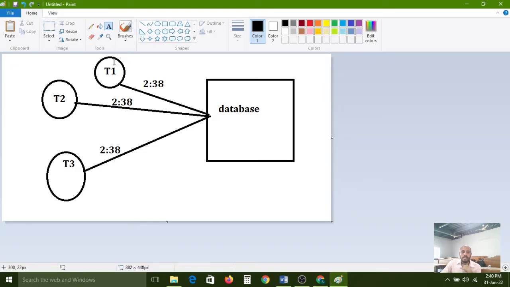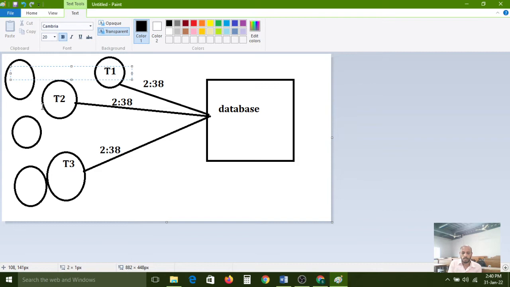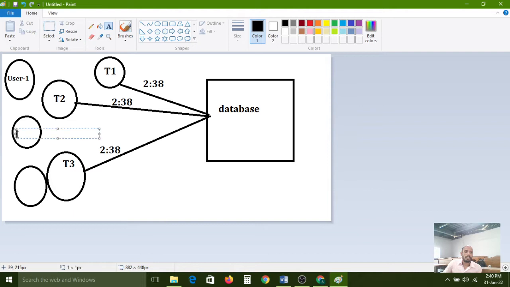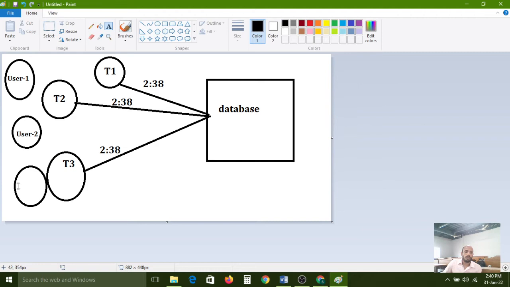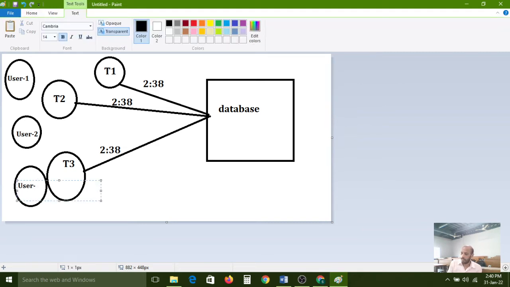Problems of concurrency. Carefully observe, don't get confused, just see the diagram. User 1, user 2, user 3.